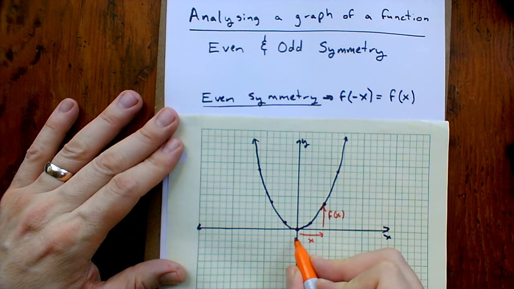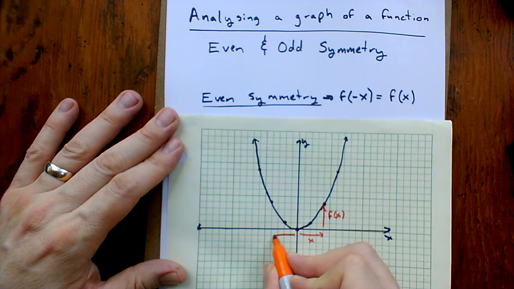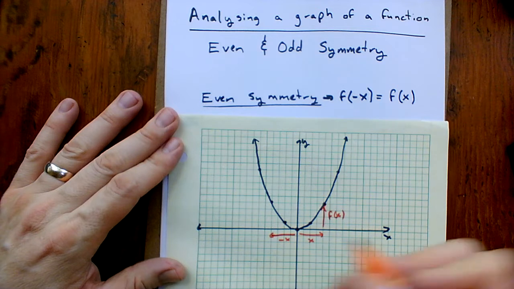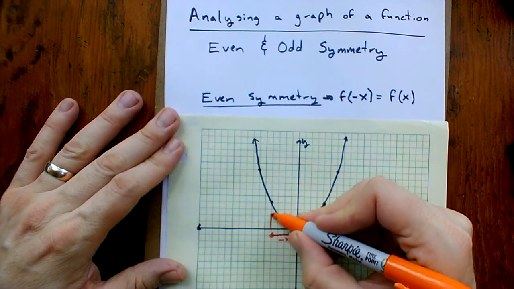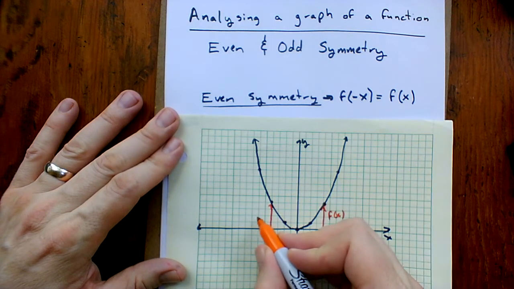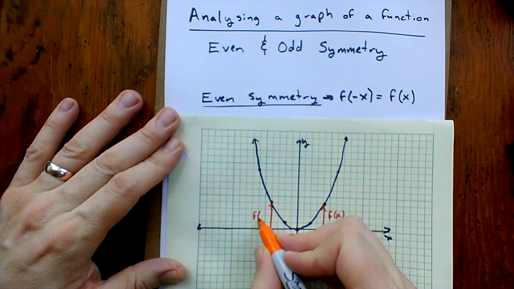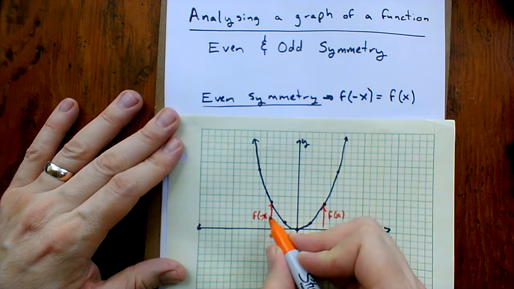But if I were to go on the opposite side of the y-axis and go out that same distance, I would end up with that same height for that f of negative x.